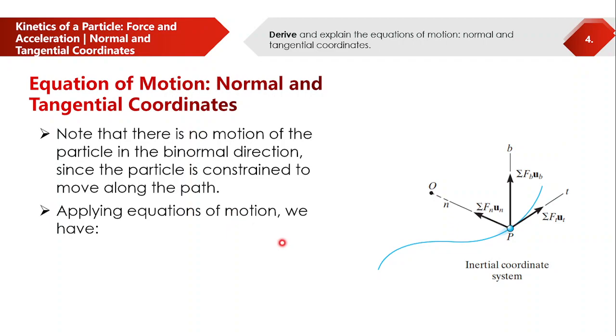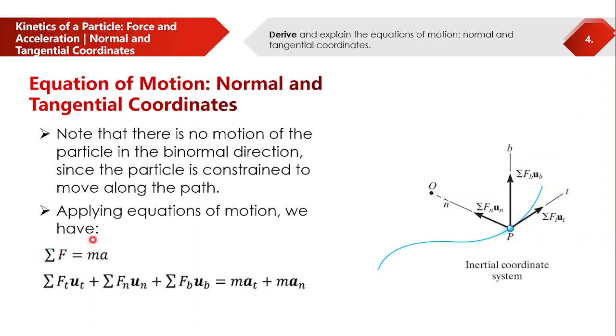So, applying the equation of motion, we have the sum of all forces exerting on the body equal to mass times acceleration. This is our equation of motion, and we already know how we came to this equation of motion. So that will be all forces: on the tangential component, that will be force times u, the unit vector of our tangential, plus the normal component and the binormal component, is equal to mass times the tangential acceleration plus the normal acceleration.